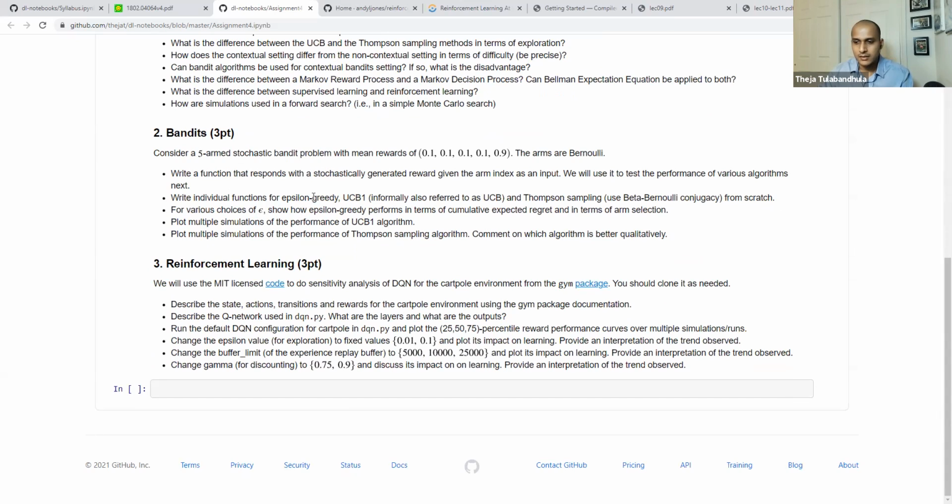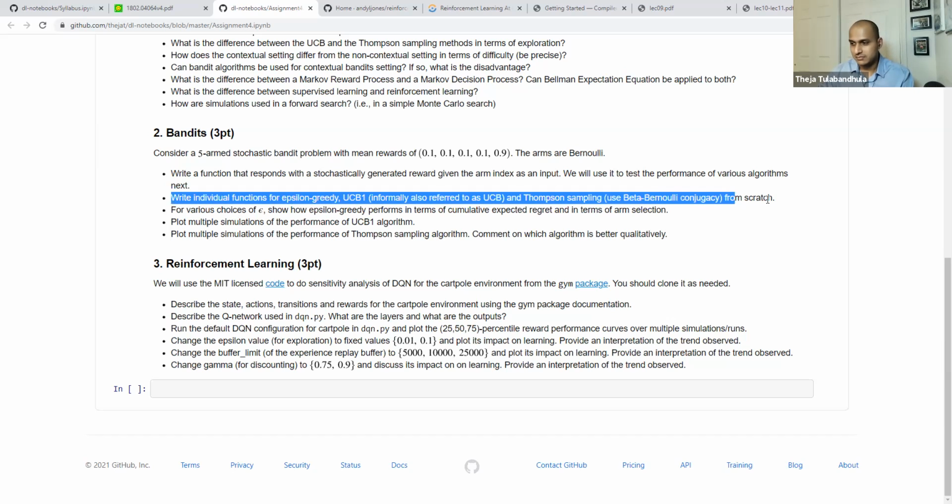Epsilon-Greedy is the algorithm that we saw last time. UCB1 is also an algorithm that we saw last time. And Thompson sampling is something that I started last time, but I'm going to talk about this aspect, conjugacy, today. Now this question says to write code for making these decisions.